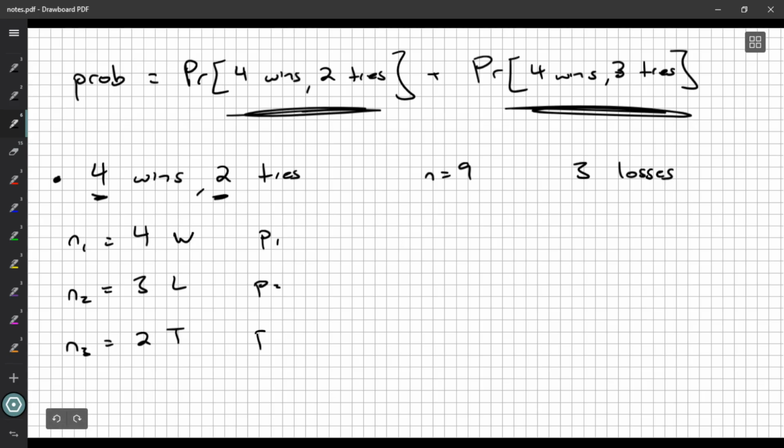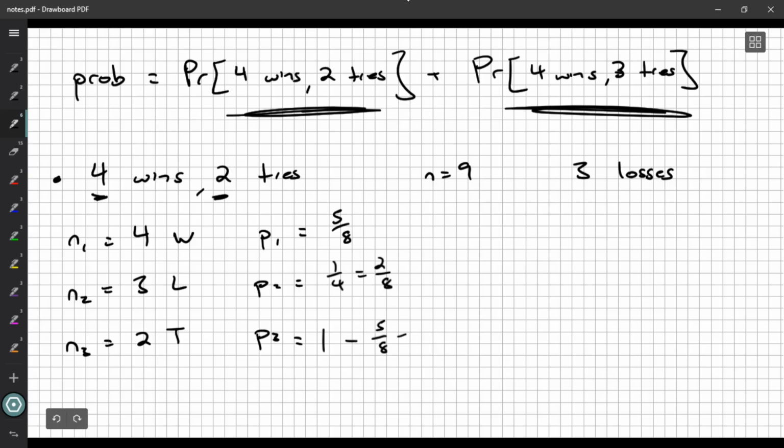As for their probabilities, and the probabilities won't change in these various cases, it's 5/8 to win, 1/4 or 2/8 to lose. And the missing number, the probability of getting a tie, must be 1 minus the other 2.